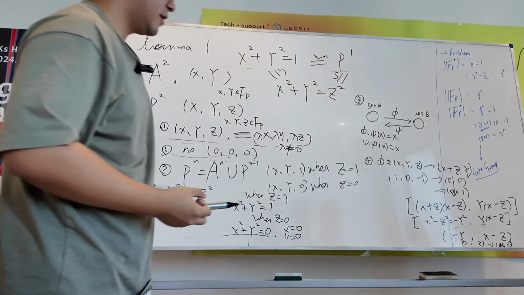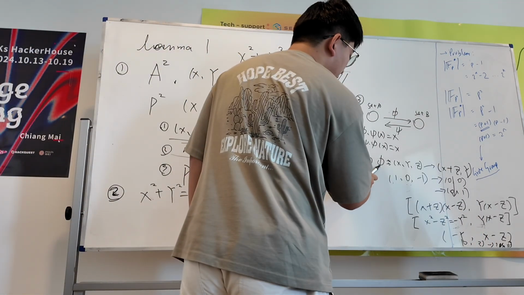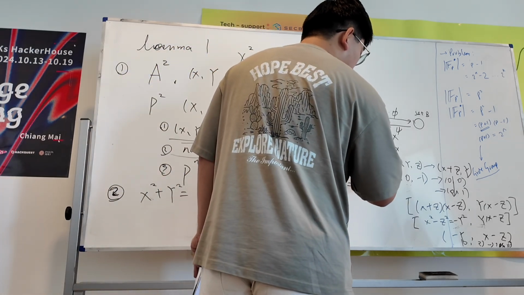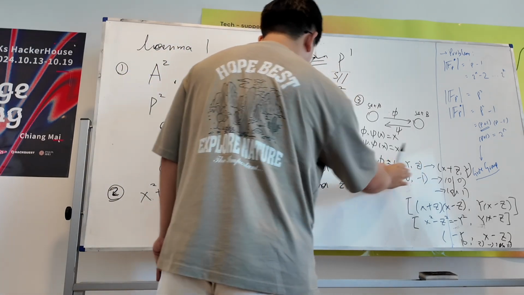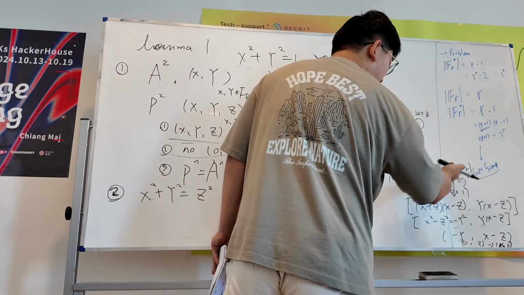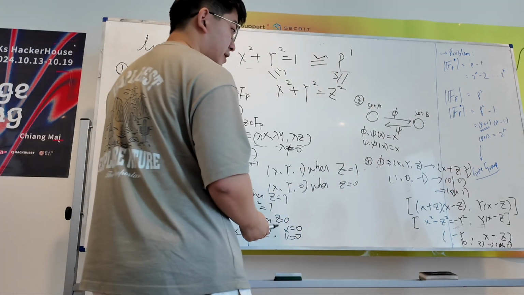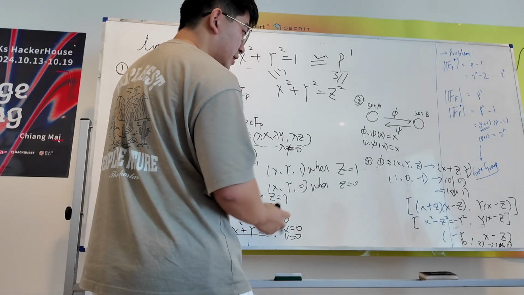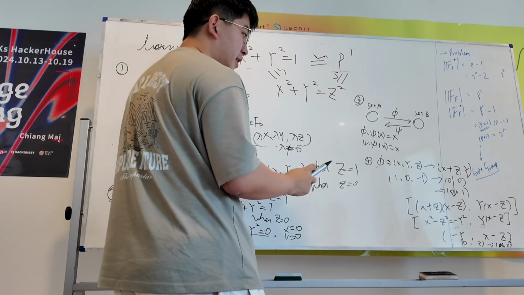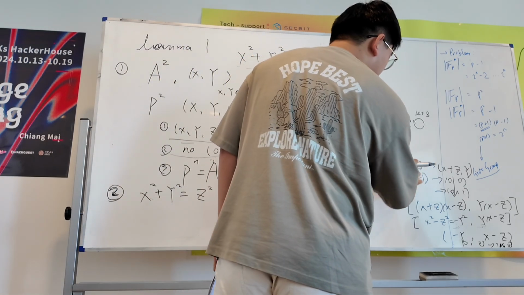Okay. So now we have found a map which sends every point on the curve to another space, right? And every point on this curve is well defined.